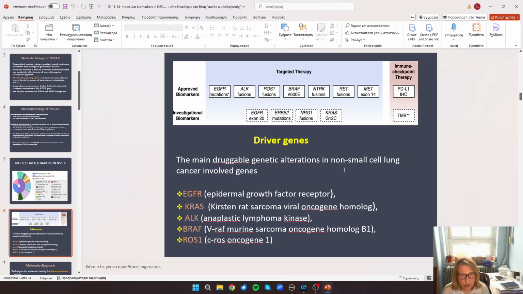In non-small cell lung cancer, and especially in adenocarcinoma, the most important driver genes are EGFR, epidermal growth factor receptor, and ALK, anaplastic lymphoma kinase. Secondly, other driver genes are KRAS and BRAF and ROS1.